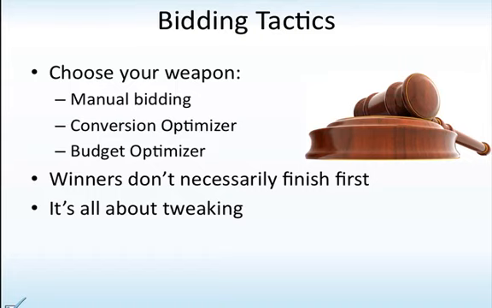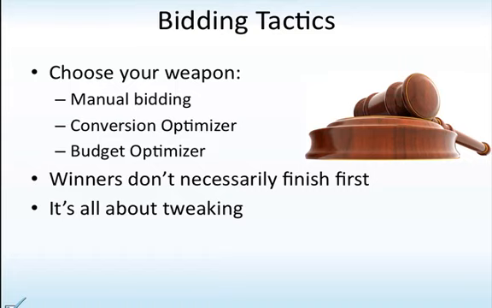More strategy. Let's choose your weapon for bidding. You have three options. First is manual bidding. Like I said, you yourself go in and, based on your metrics, your conversion rate and the goals that you set, choose which keywords, and how much money, you want to focus on.